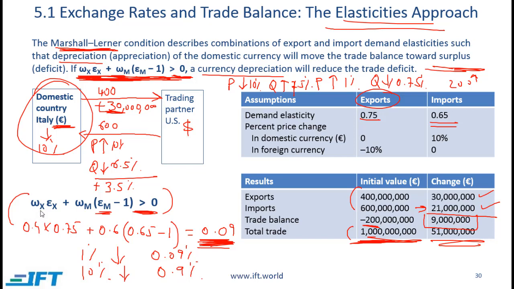Clearly, if the elasticities are high, and these are the price elasticities, then a change in value of the currency is going to have a large impact on the trade balance. On the other hand, if the imports and exports are not very price elastic, then changes in the price of the currency, which is the exchange rate, will not have much of an impact on the trade balance.